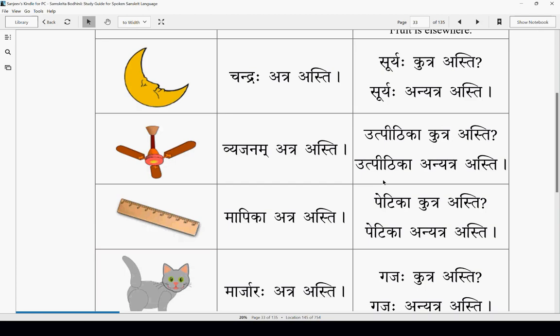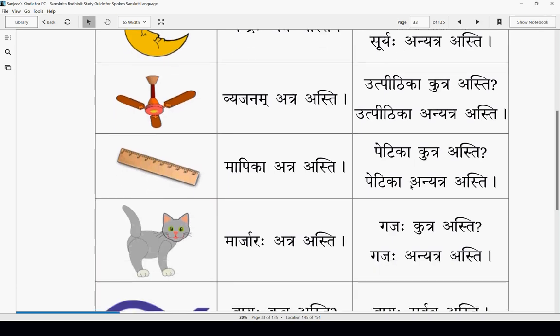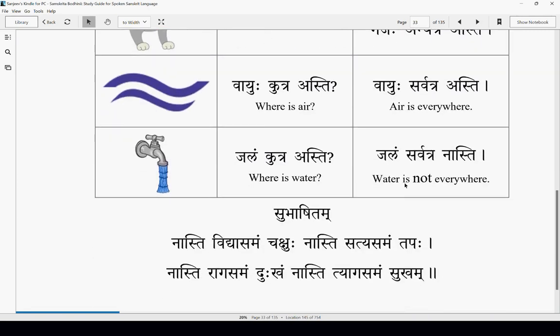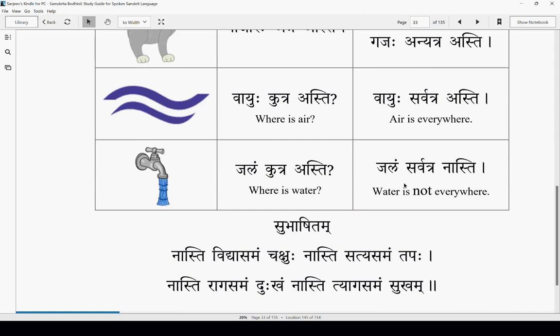Atra, tatra, it is asking the location of that subject, or sthanam. That's why we can place it front, back, anywhere. Kutra is also location. So all these, atra, tatra, sarvatra, anyatra, are locative words, words indicating or related to the location.